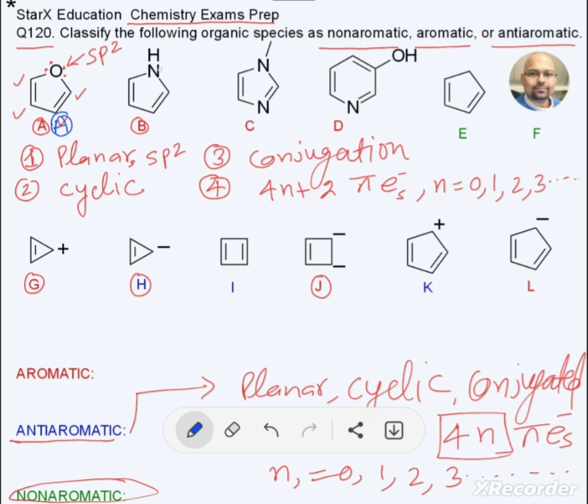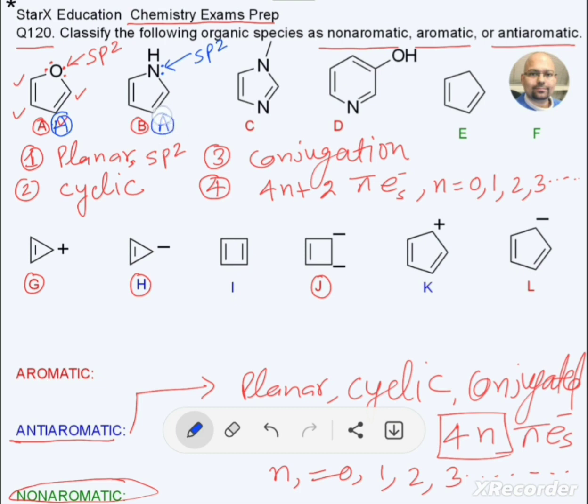Similarly, if we have a look at compound B, it also has a heteroatom in the ring. This one is called pyrrole. So again, this nitrogen here is sp2 hybridized, and so it's got 6 pi electrons now, and this is planar, cyclic, and it has conjugation with 6 pi electrons.